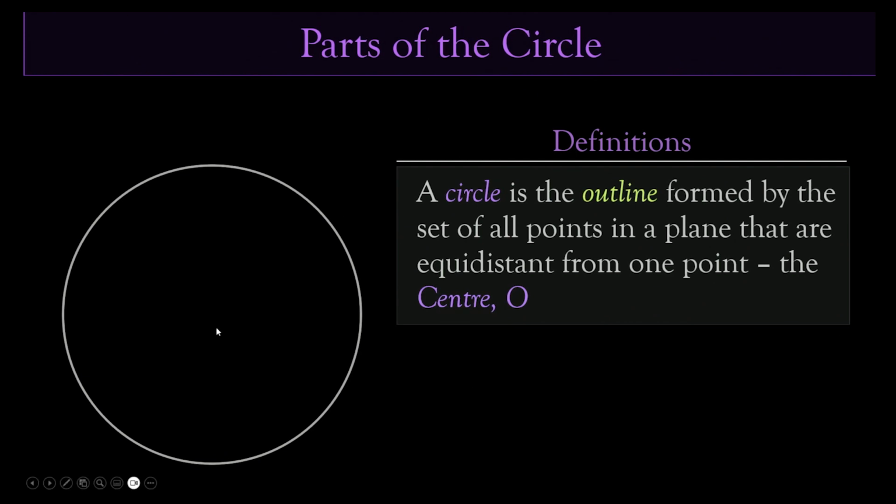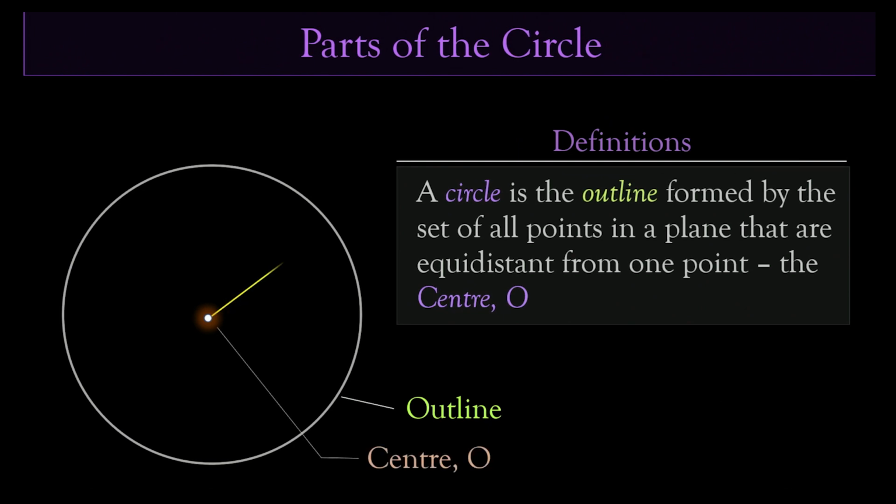Okay, so for example, that is the center of the circle, and every point on the outline is at the same distance from this single point that we will represent by letter O. So a circle is an outline formed by all the set of points in a plane that are at the same distance from the center of the circle. All right, so that then is the outline of the circle, and that is the center of the circle.